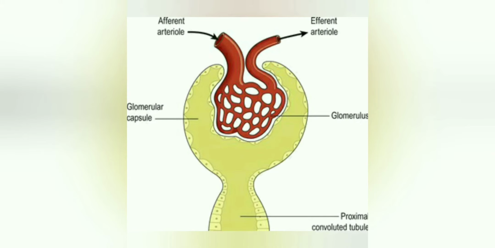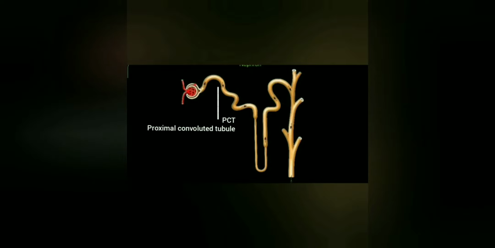Malpighian body is divided into two parts. They are glomerulus and Bowman's capsule. Renal tubule is divided into neck, PCT, that is proximal convoluted tubule. This Bowman's capsule continues into PCT through neck. PCT continues into loop of Henle.